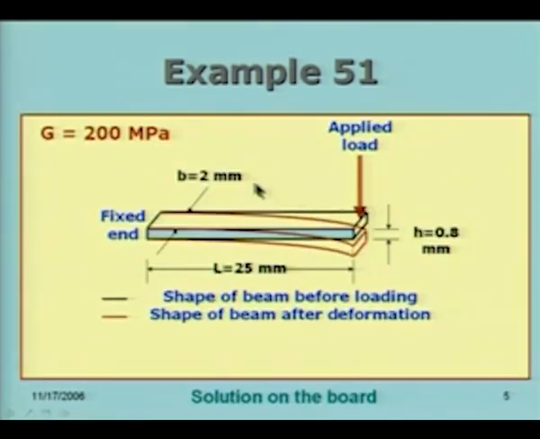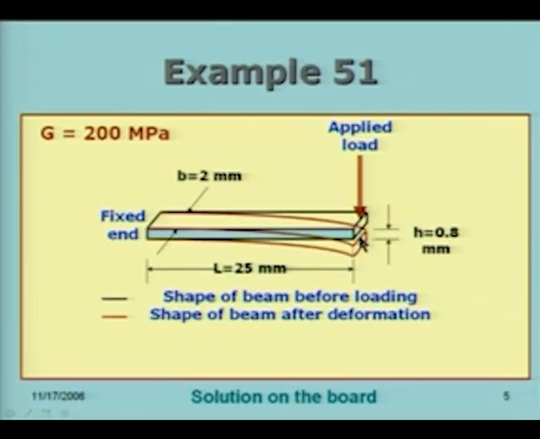So, let us look at the following sketch, which shows what is happening. You have a beam in the form of a small strip of spring steel. This end is fixed and we are applying the load at the other extreme, and the consequence is that this end is going to deflect by a certain amount in the downward direction.